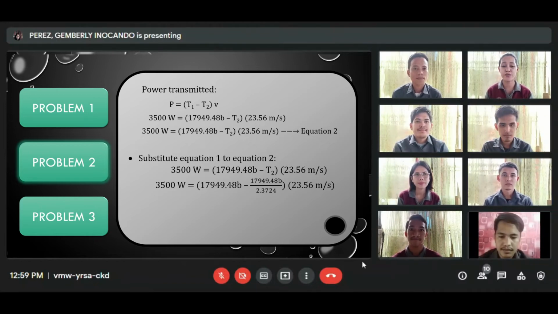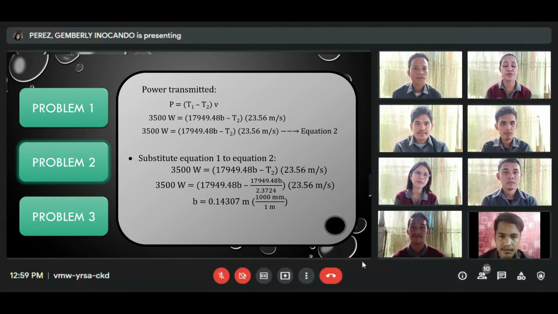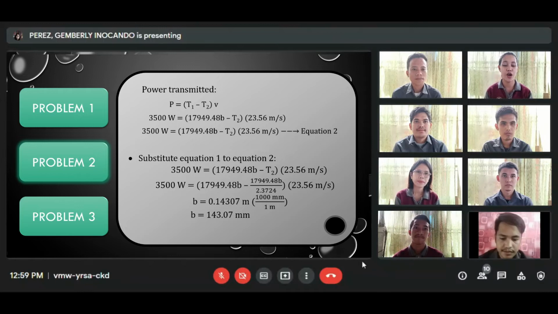So our B, or the width, is 0.14307 meter. Since our width needs to be in millimeter, we multiply by 1000 mm over 1 m. So our B is equal to 143.07 millimeter, or about 143 mm.